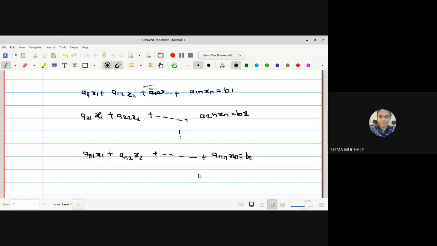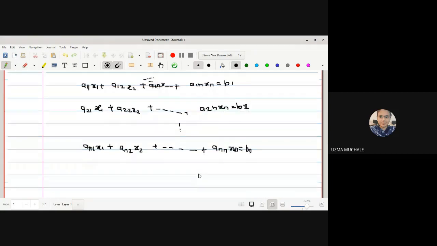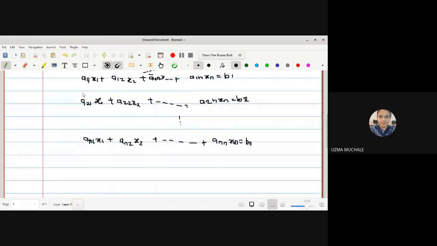To solve this system of equations means what? We have to get the answer of this xi. So first we will divide by the coefficient of x1 to the first equation. So we can write this in the form of x1 is equal to, what will be the sign if we are going to divide it by a11.